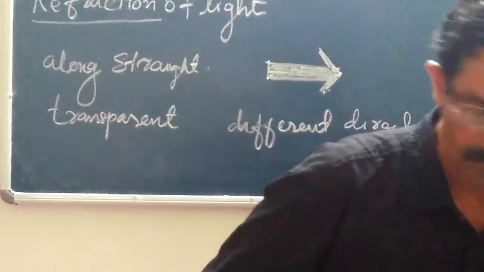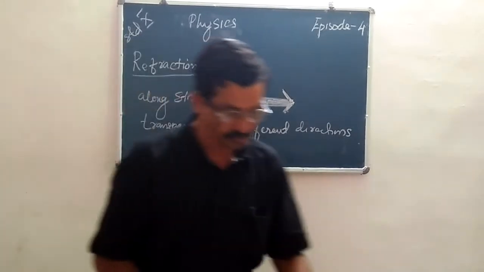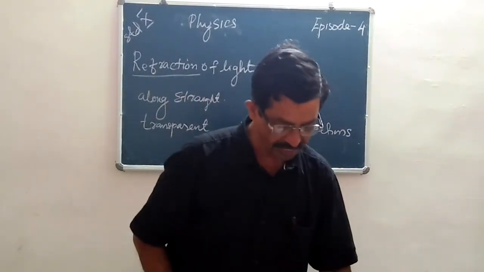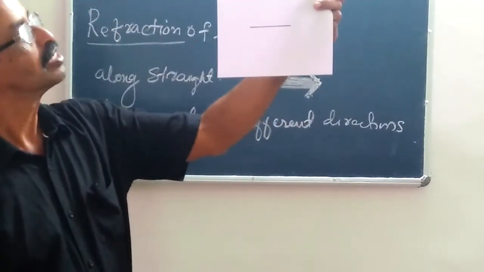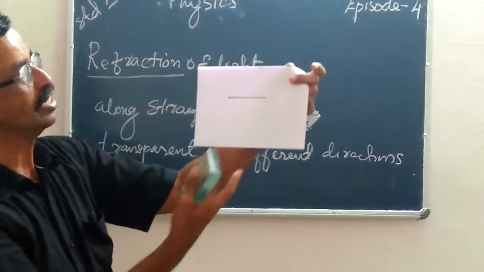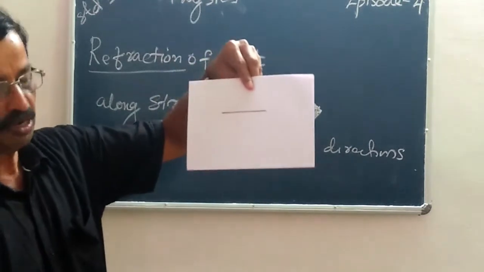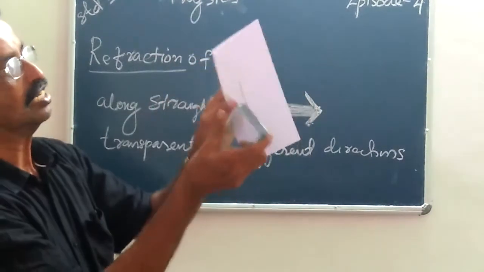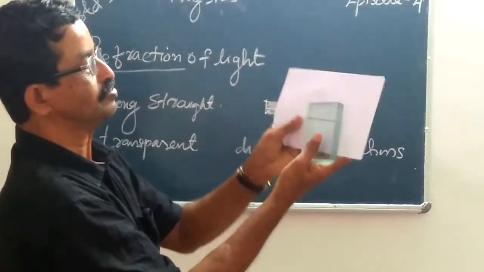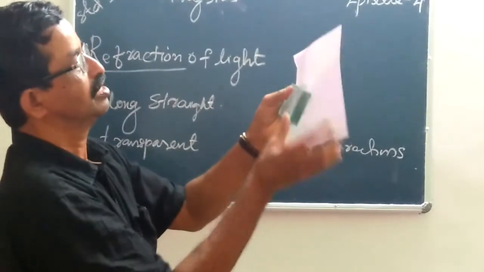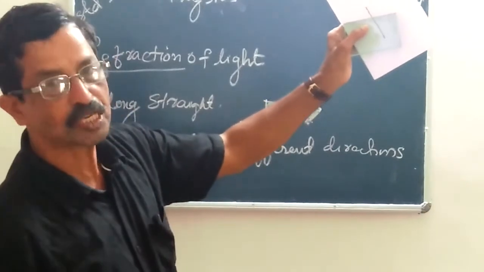See here why this happens. One more example: this is a straight line drawn on a paper. If I place a thick glass block, that means a glass slab, over this, making an angle, this line makes an angle with this one.